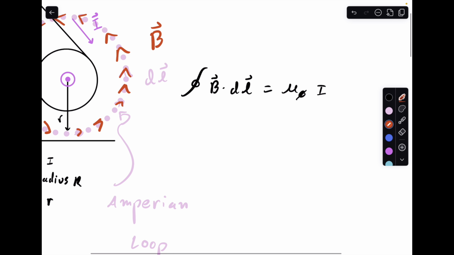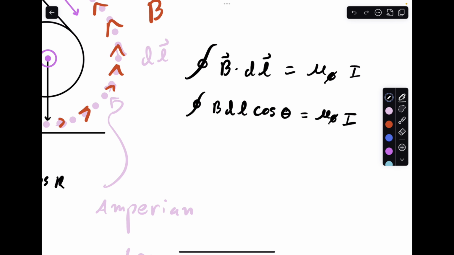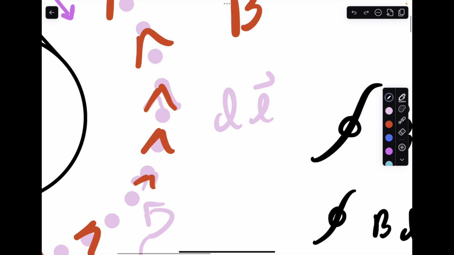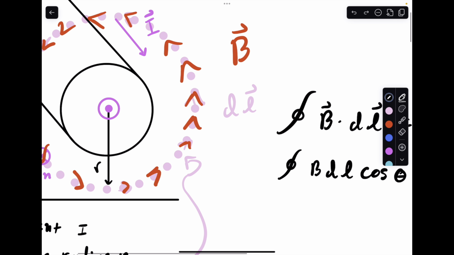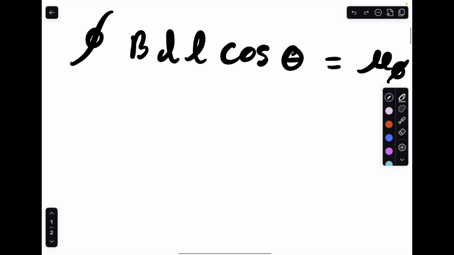We want it. So now, when I compute this dot product, remember that the dot product is the magnitude of the two vectors times the cosine of the theta between the two. When I compute that dot product and I wonder what's the cosine of the theta between the two vectors, well, if the two vectors overlap, the magnetic field vector and the dl vector, for every single point along this loop, the cosine would be cosine 0.